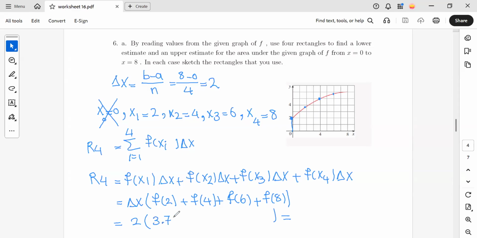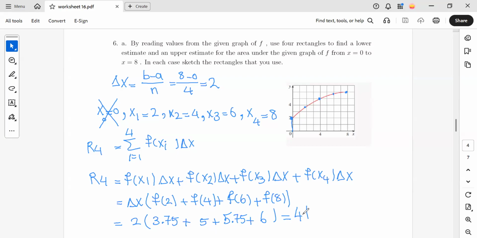For 2, we had 3.75. For 4, we had 5. Next one, 5.75. And 8 will be this number here, which is 6. So altogether, using calculator, you would get 41.